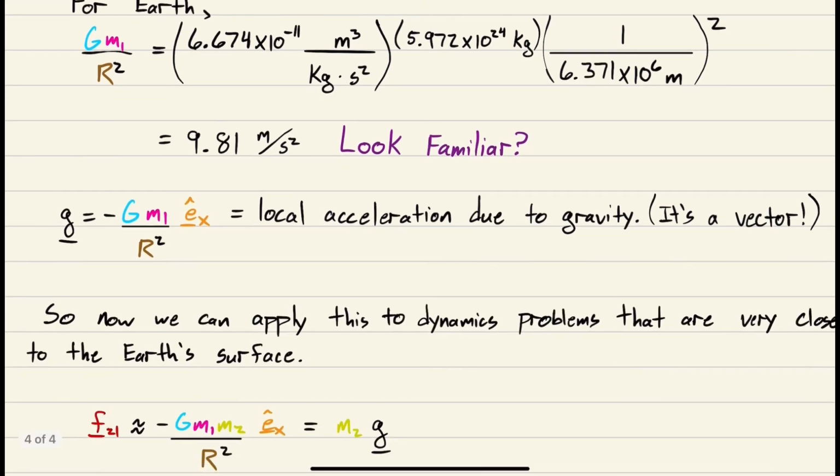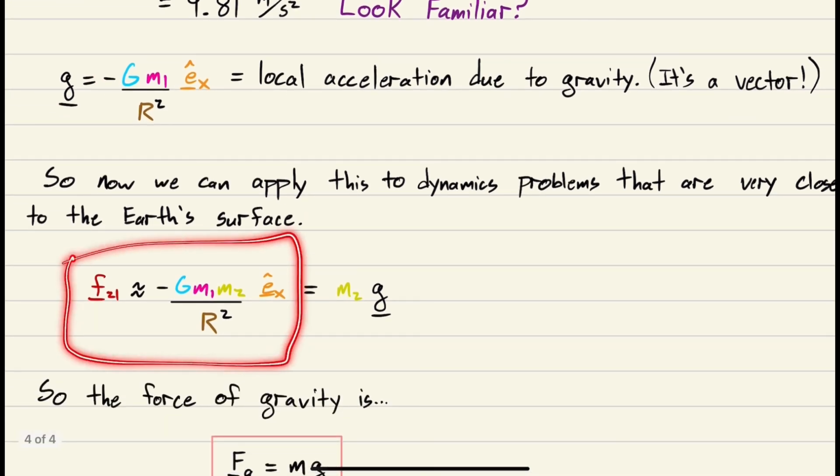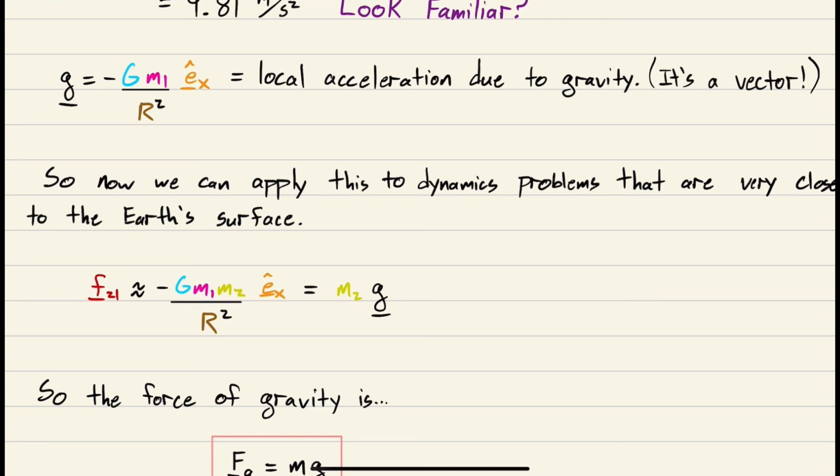Okay, and the local acceleration is a vector, which we call g. Notice the underbar, it's a vector. And that is equal to negative G M1 over R squared e_r, right? So this is just rewritten from above. The force was approximately negative G M1 M2 over R squared e_r. And we're going to call basically everything except the M2 g.